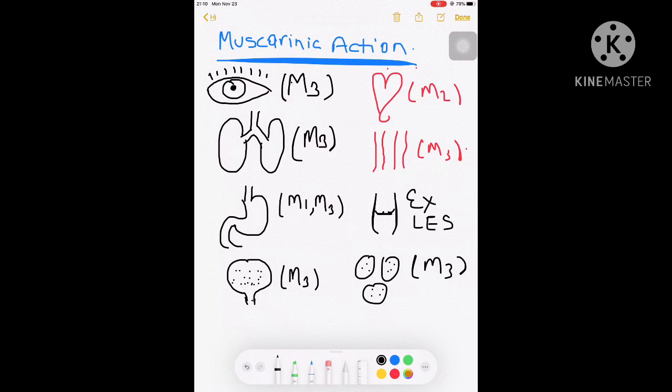Let me use a different color. The parasympathetic nervous system: rest, digest, eliminate. If you remember it like this, then it will be very easy for you.